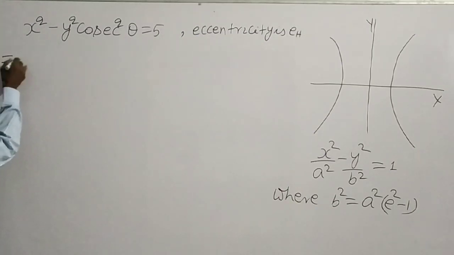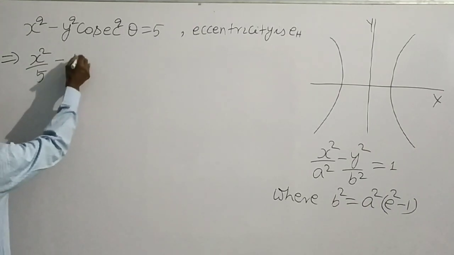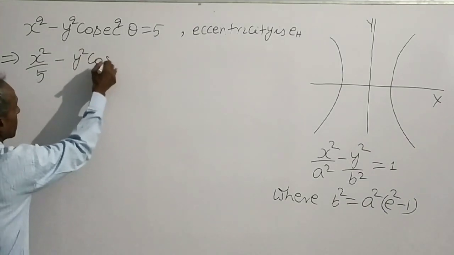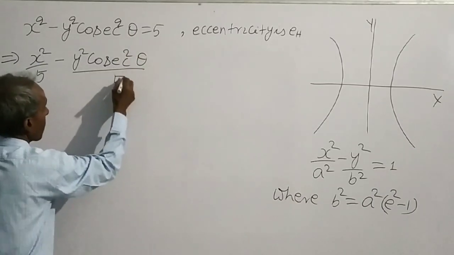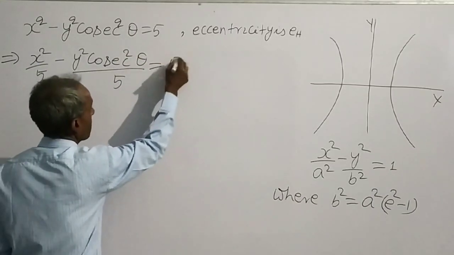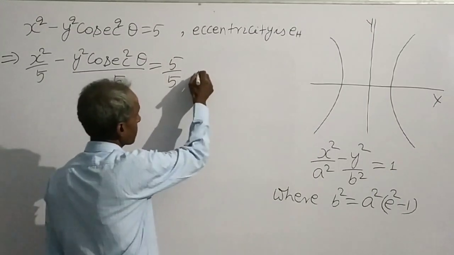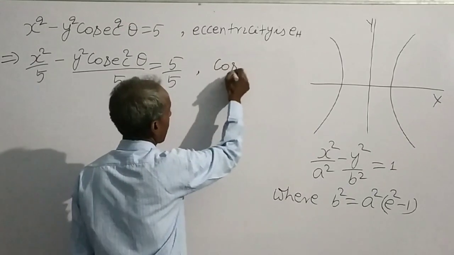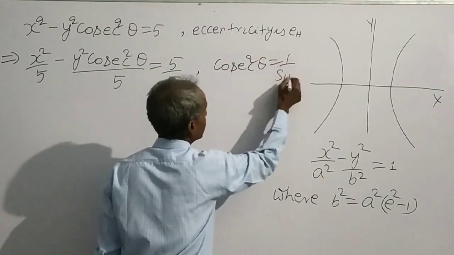This implies x square by 5 minus y square cosec square theta by 5 is equal to 5 by 5. But we know that cosec square theta is equal to 1 by sin square theta.